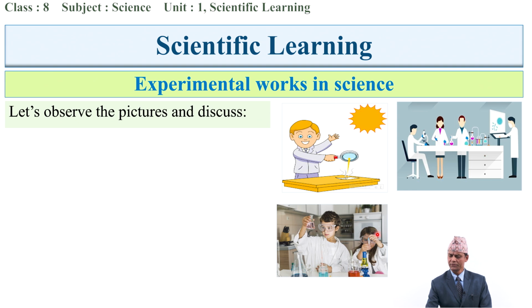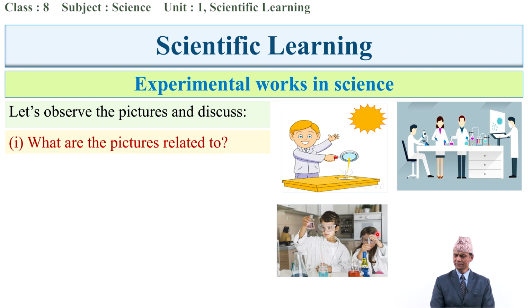Then the second picture and the third picture. I am putting some questions to you. Let's find the answer. What are the pictures related to? This picture is related to sunlight. Solar energy is concentrated to a point by using an eyeglass.